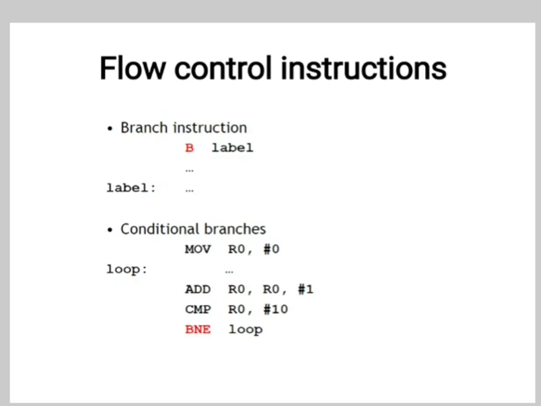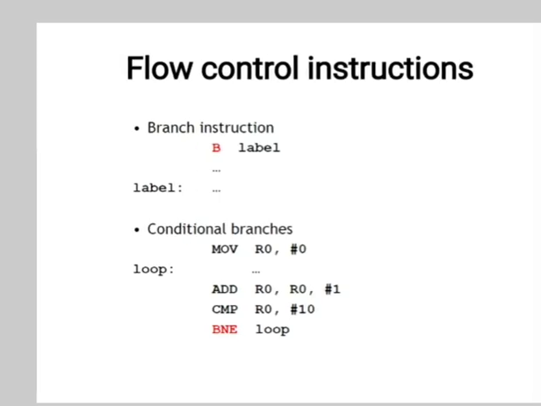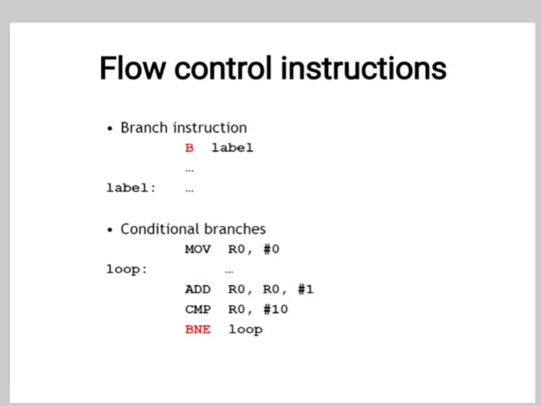For example, B label. Conditional branch instruction means it is used to control the loop exit.